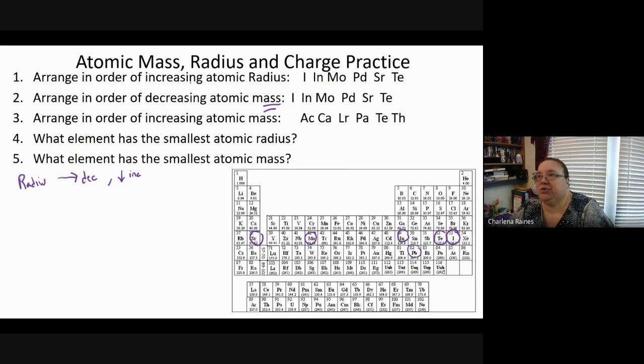So for my radius, we're doing increasing, which is small to large. So out of all of these elements, iodine is going to be the smallest. And lead, considering it has an additional energy level on top of all the others, is going to be the largest.